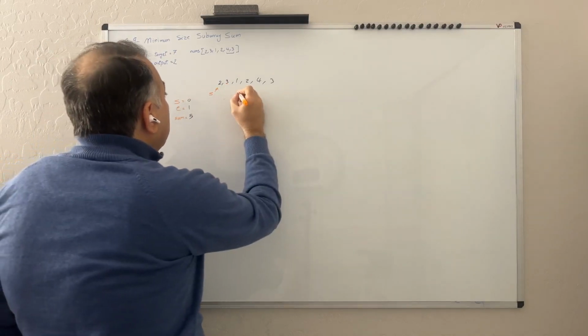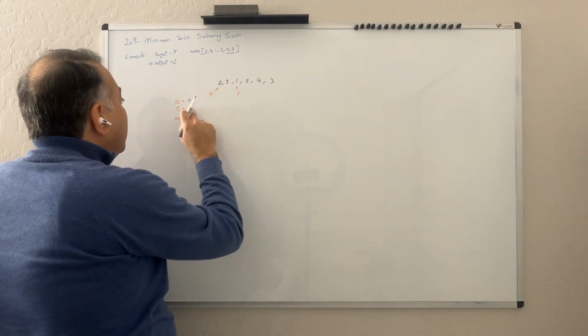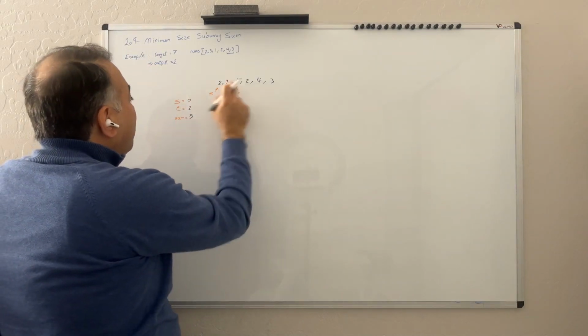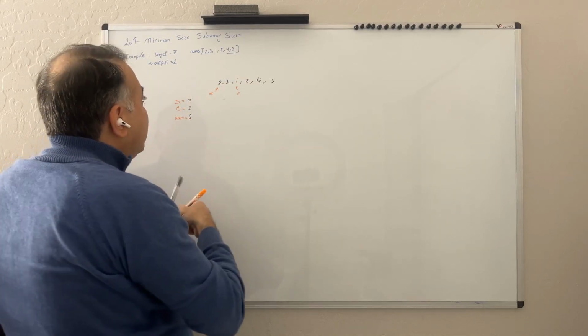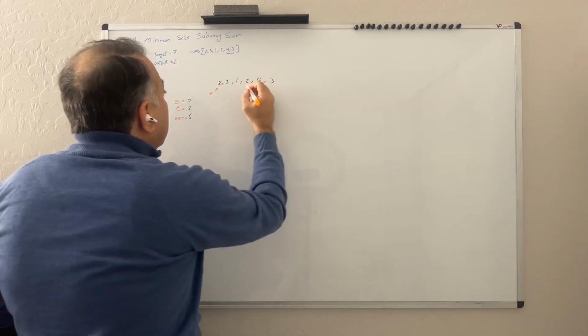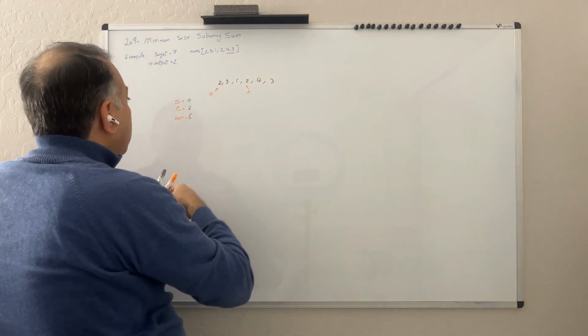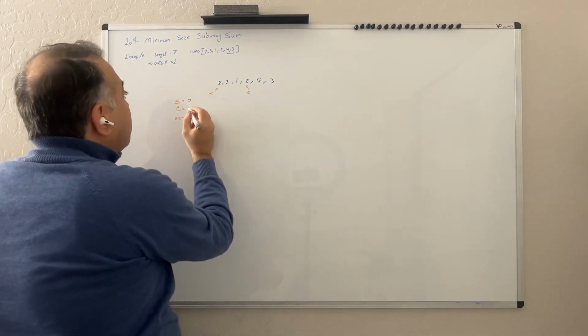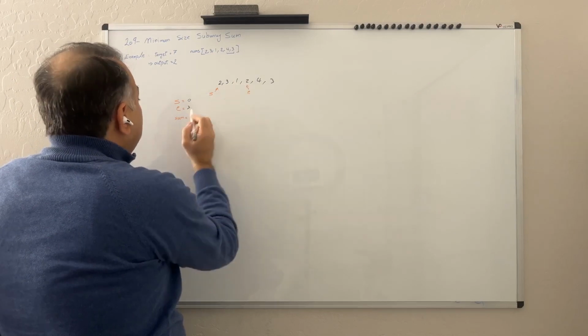I'm going to move the end pointer to here. When I move this, I'm adding 1 to 5, so the sum gets to 6. So I need to increase the window again. I move the end to here, position 3, and then we have 5, 6, 7, 8.